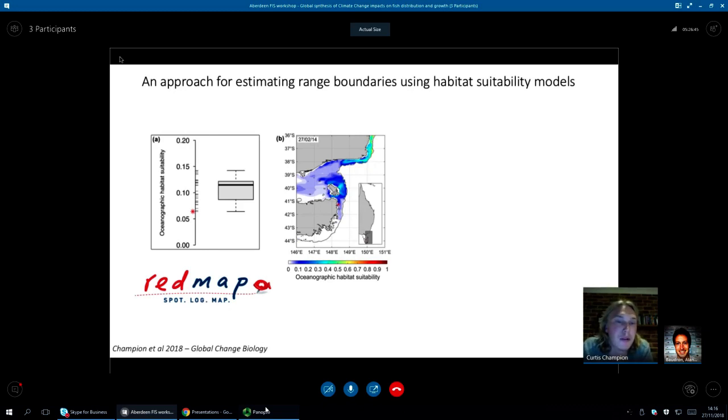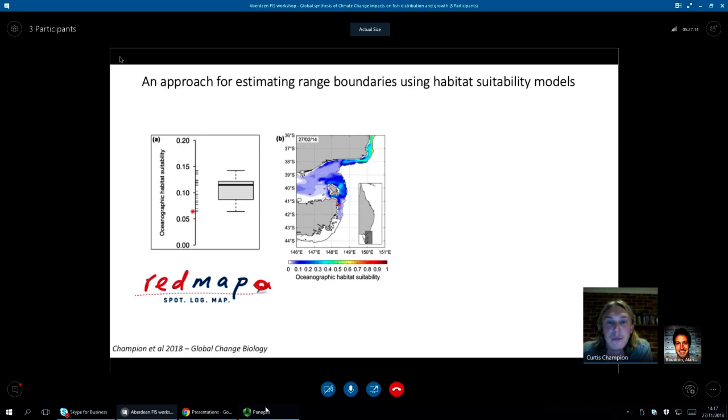So that box plot on the left shows all the values of habitat suitability from the REDMAP database. I'll reiterate why REDMAP is a great database: we're actively looking for animals at their range edge, so we should be finding them in relatively low areas of suitable environmental habitat. So what we essentially did was just adopt the minimum value that came out of that data set.